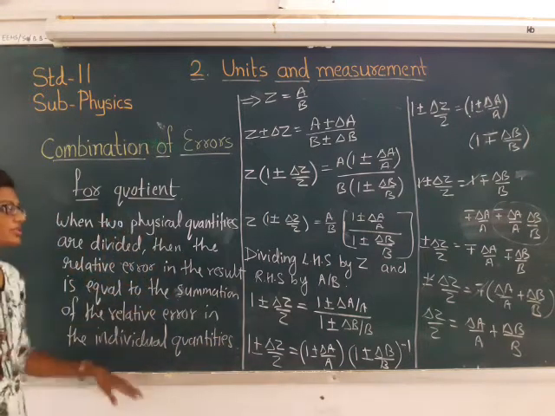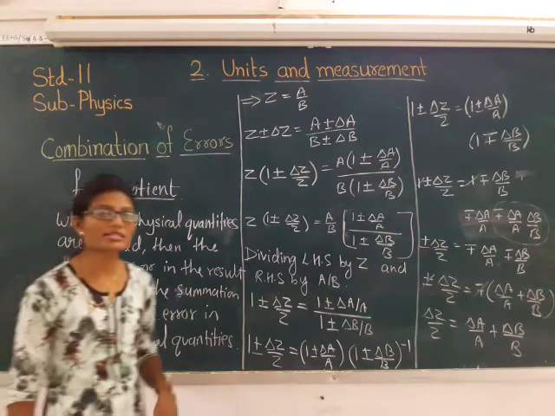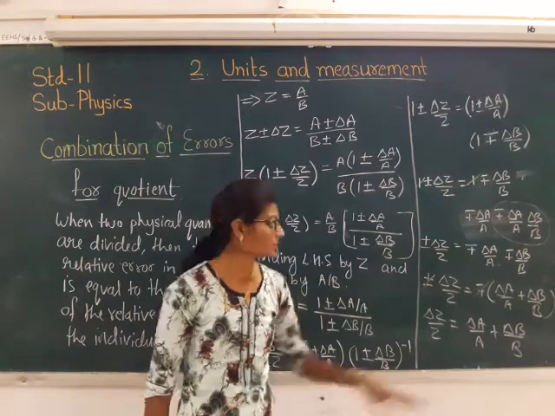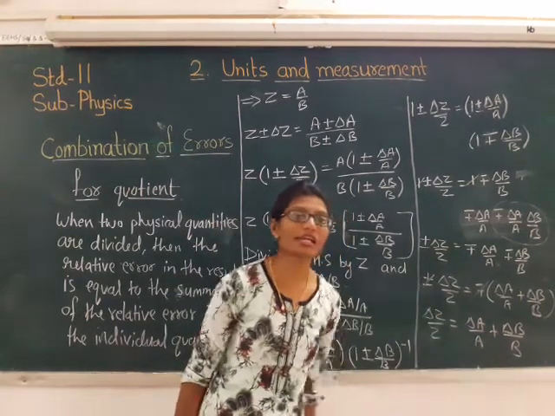So you may write down this rule: when two physical quantities are divided, then the relative error in the result is equal to summation of the relative error in the individual quantities.